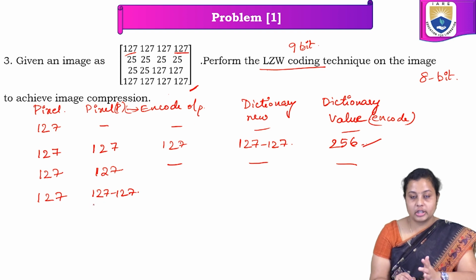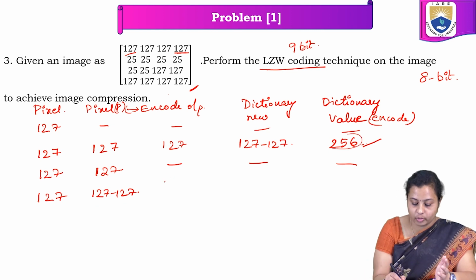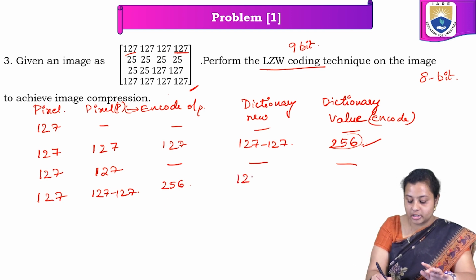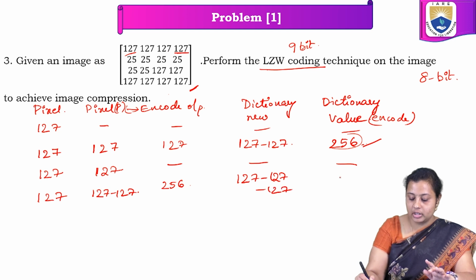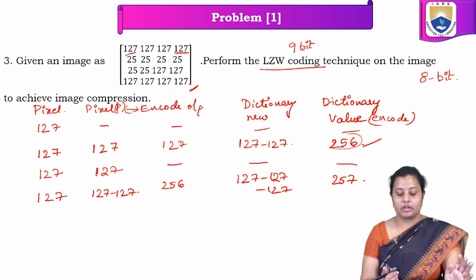This encode output is equal to my dictionary value of 127 hyphen 127, which is 256, right? Now, do I have this combination of 127 hyphen 127 hyphen 127? It's a new dictionary entry, so I'm adding it, and this value I'm writing at 257, which is a vacant position.